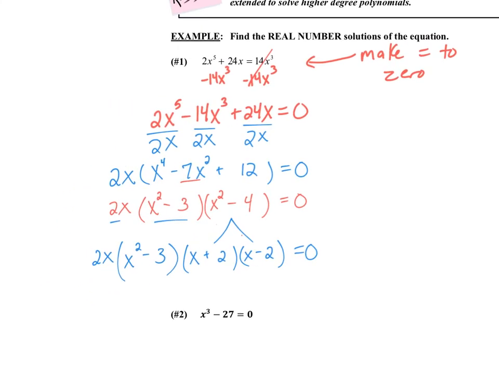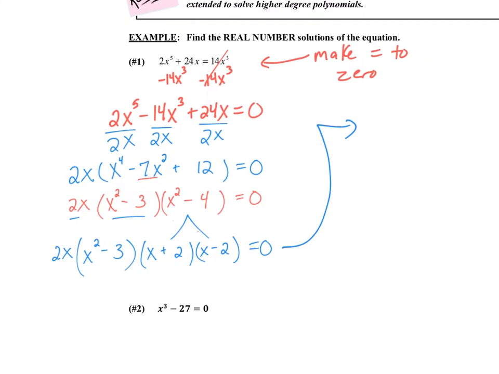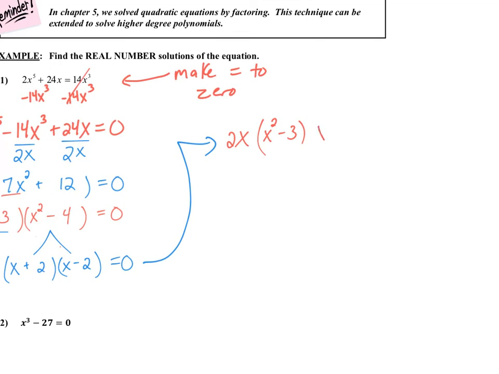So now we're going to come over here. I'm going to rewrite this. 2x, x squared minus 3, x plus 2, x minus 2. So we factored, made it equal to 0.